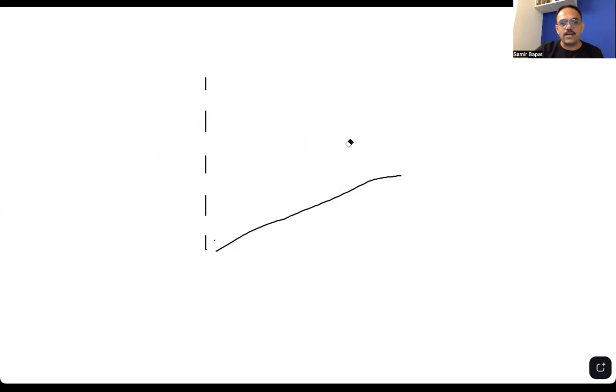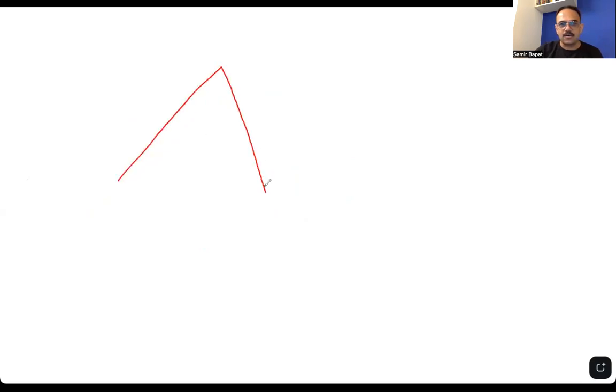Now, let's say I don't have this box, and I see a price action where the price first goes up, comes down, goes up, again comes down, again goes up, something like this. Now with my imagination, can I draw a triangle by joining the two highs and two lows here?